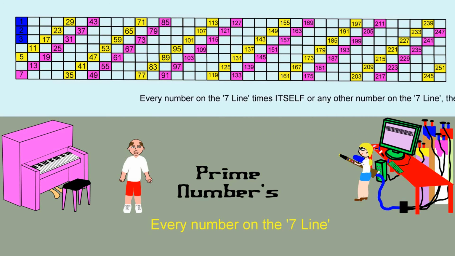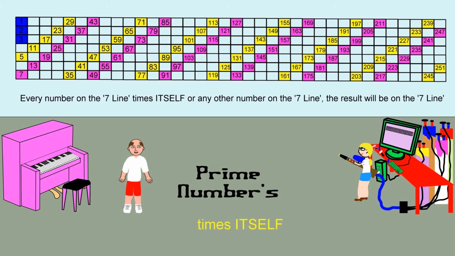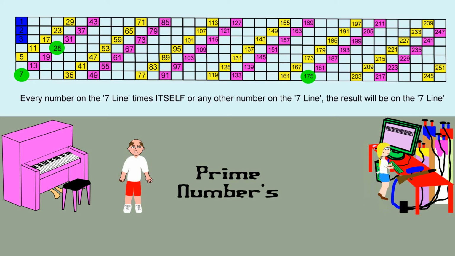Every number on the 7 line times itself or any other number on the 7 line, yes, you guessed it, the result will be on the 7 line. 13 times 13 equals 169, 7 line. 7 times 25, yes, the 175 is on the 7 line.